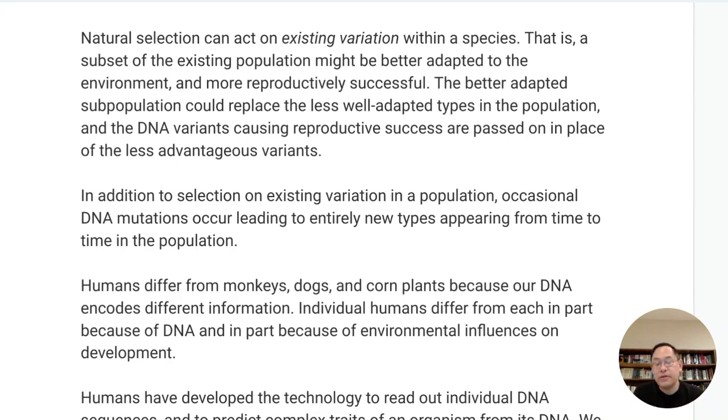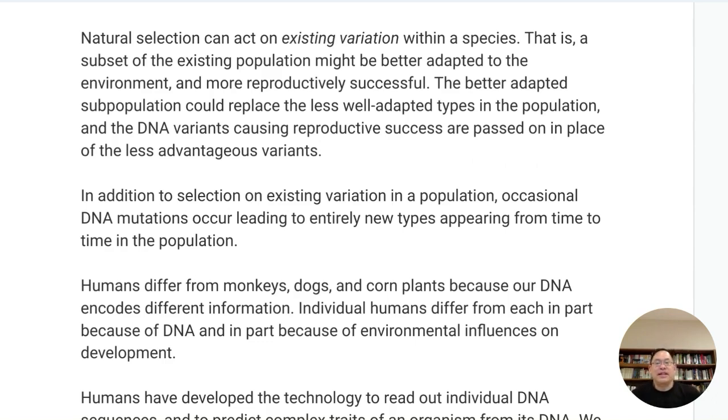Perhaps in another environment, having the short beak is more advantageous, and in that environment, you end up with birds with shorter beaks, but it's linked to the frequency in each population of the specific genes, the specific DNA variants or DNA information that controls beak length. And in one population of birds, it's more common to have the long beak genetic variants, and in the other population, it's more common to have the short beak genetic variants.